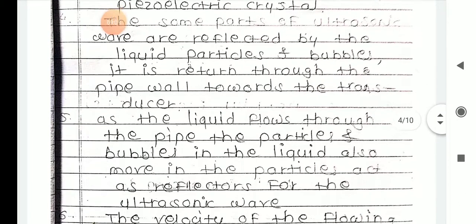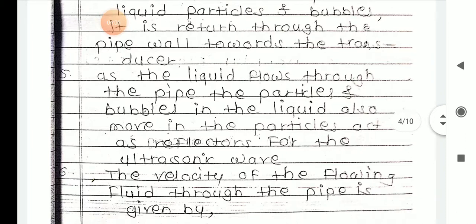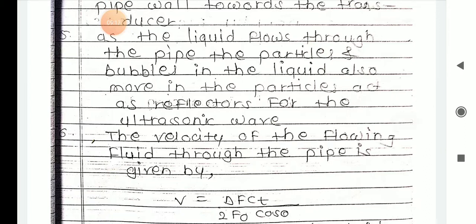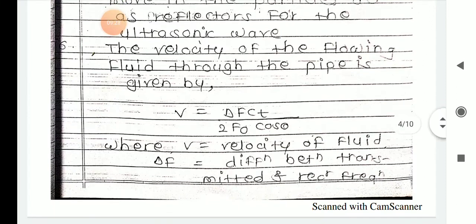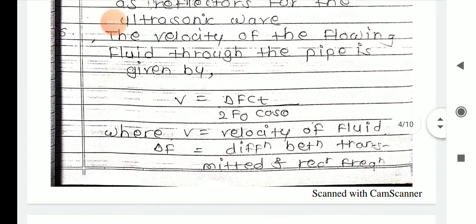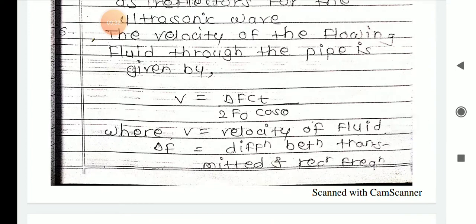The velocity of the flowing fluid through the pipe is given by one equation: V is equal to delta F times CT divided by 2F0 cos theta, where V is the velocity of the fluid, delta F is the difference between the transmitted and received frequency, CT is the velocity of the ultrasonic wave, F0 is the frequency of transmission, and theta is the angle between the transmitted wave and the pipe axis.